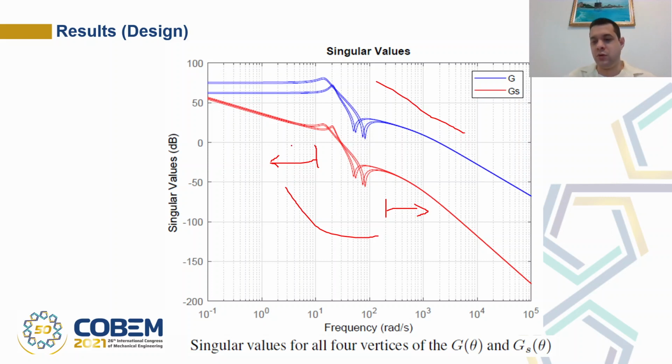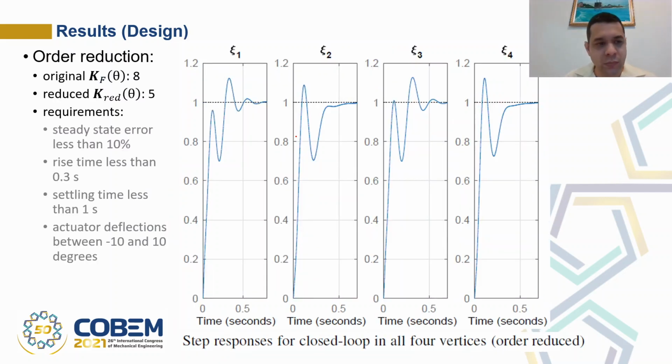Such result could only be achieved by using the proposed loop shaping with parameter-dependent weights. We also performed a controller order reduction, eliminating the three fastest poles. The new K reduced has order 5 and also achieved the requirements defined.